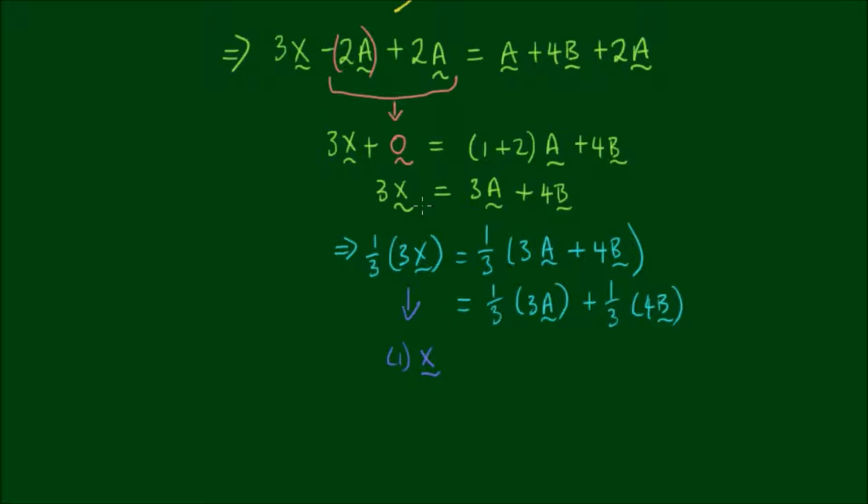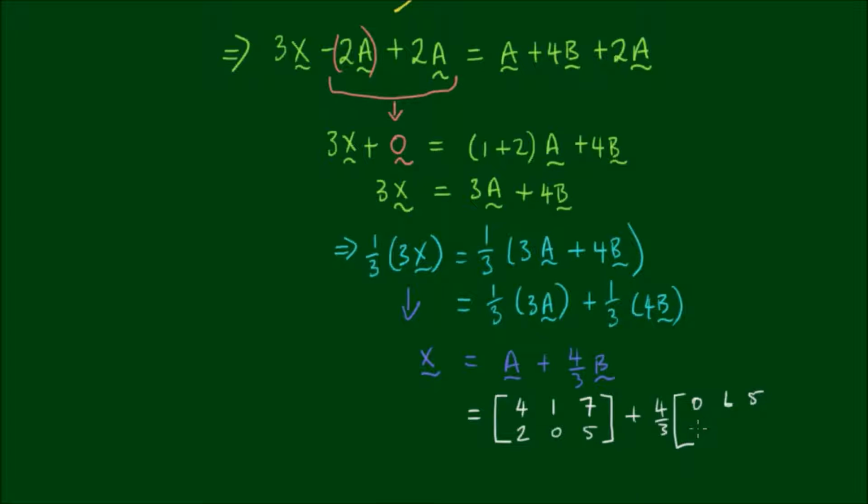So we have 1 times the matrix X, or 1 times the matrix X is just the matrix X. And similarly on the right-hand side, 1/3 by 3 will give us 1 times the matrix A, and 1/3 by 4 will give us 4/3 times the matrix B. So the matrix X is equal to the matrix A, which is 4, 1, 7 for the top row, and 2, 0, 5 for the bottom row, plus 4/3 times the matrix B, which equals 0, 6, 5 for the top row, and 3, 3, 8 for the bottom row.